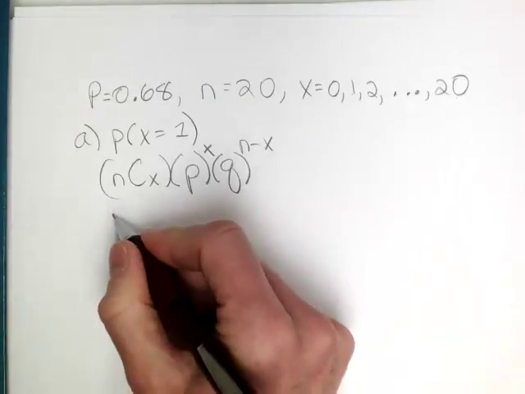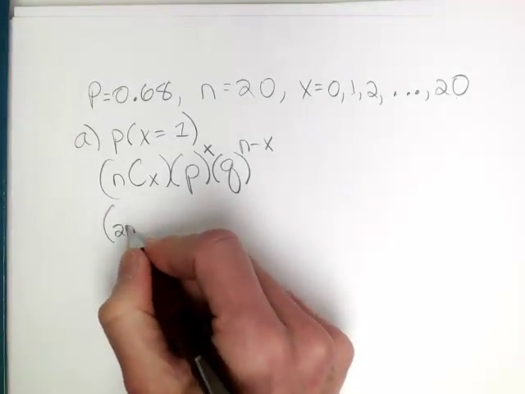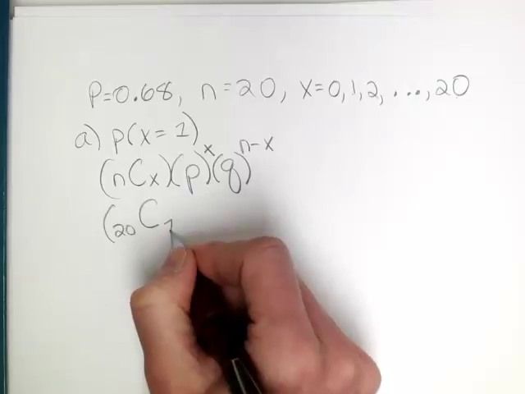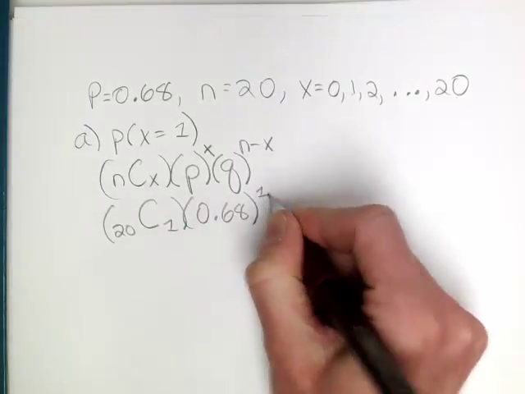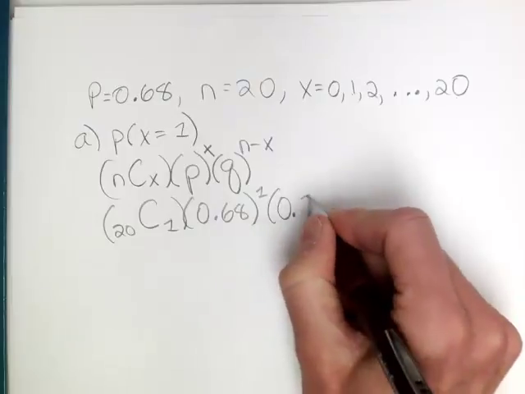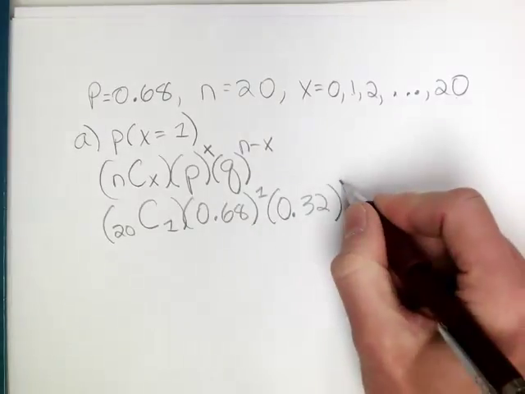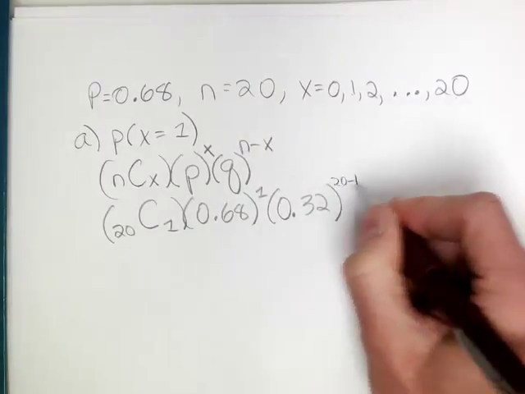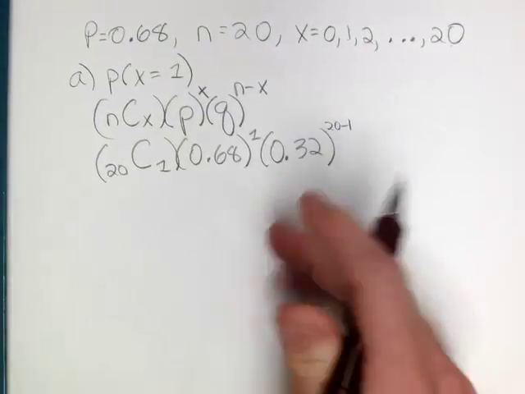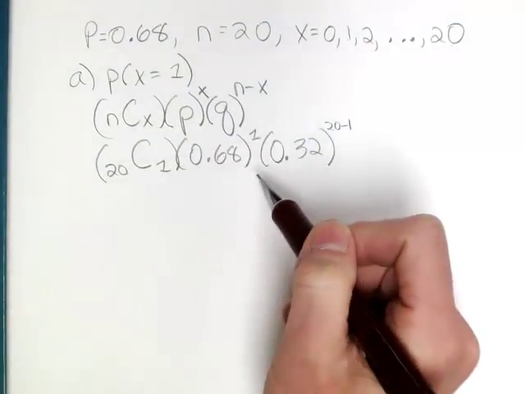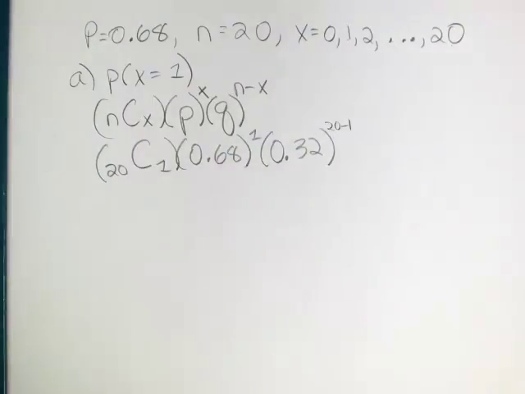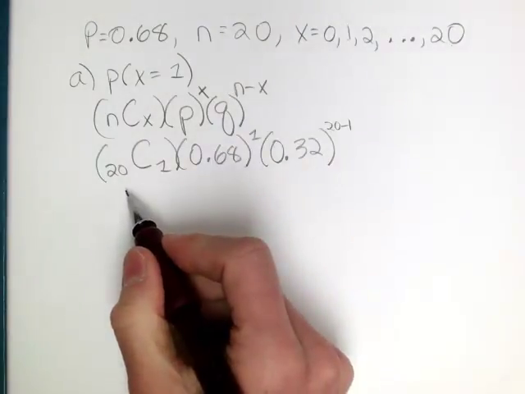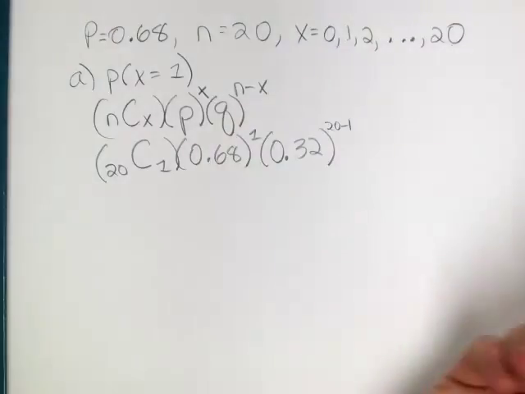So by hand, we would be inputting 20 choose 1 times 0.68 to the first power times 0.32 to the 20 minus 1 power, which is 19. It's not too bad of a calculation, but it is several keystrokes on your calculator. So instead, let's take a look at how to get this in the calculator.